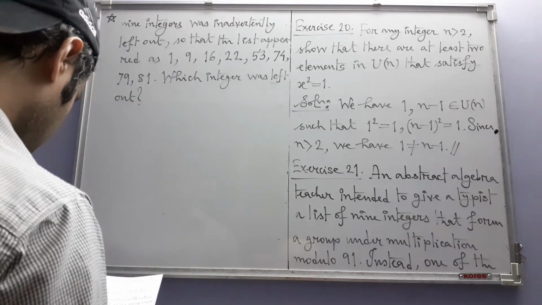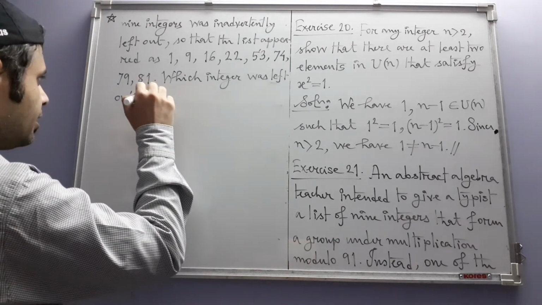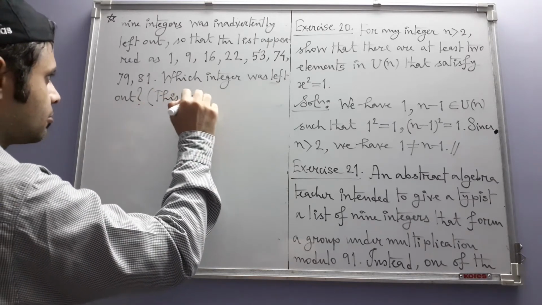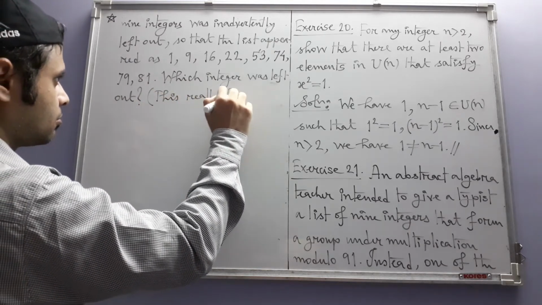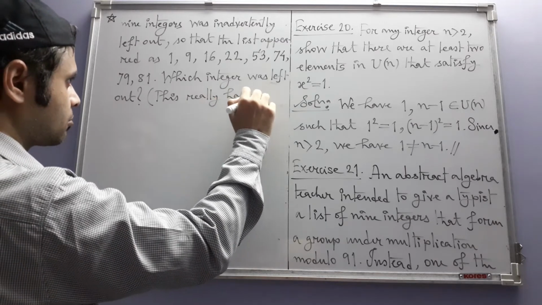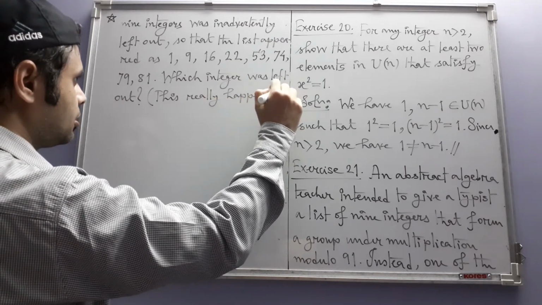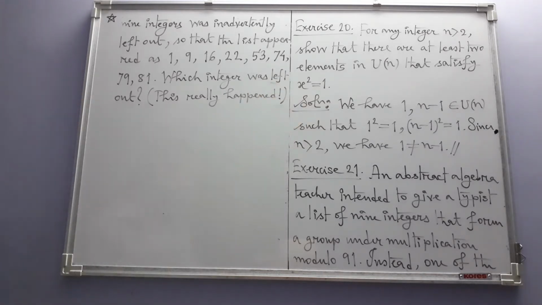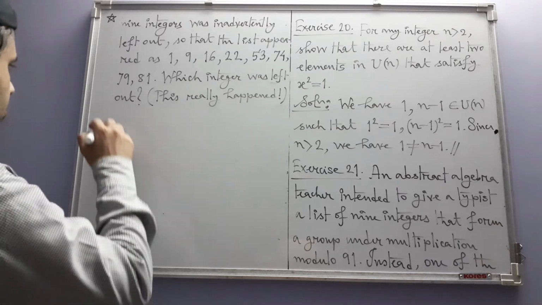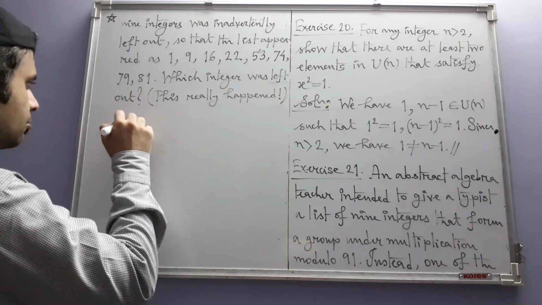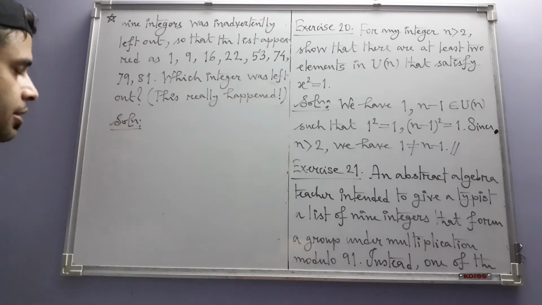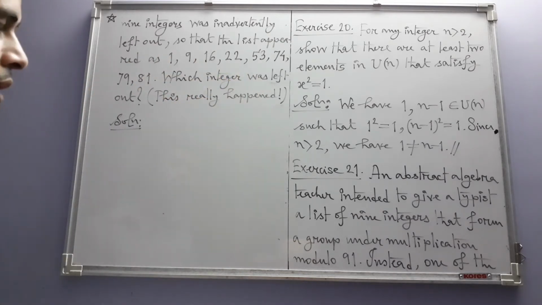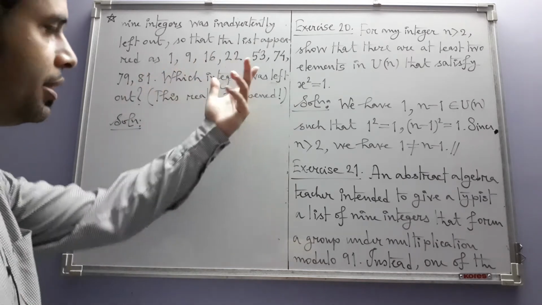And okay, this really happened. So I think it happened with the author himself, or it may have happened with someone else and the story got out. So we just have to look at the products of these integers and see which one is not appearing in this list.